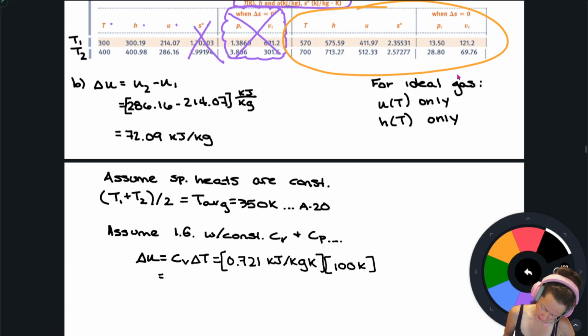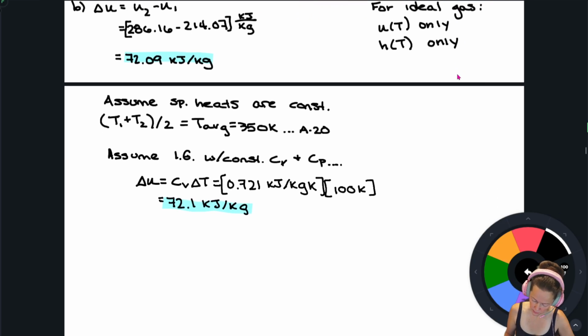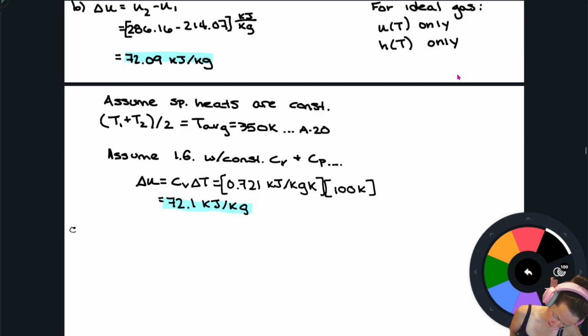So this guy ends up being 72.1 kilojoules per kilogram. You'll notice there's really not a huge difference here, and we wouldn't expect there to be because, again, you're looking at a pretty small temperature difference. But we're just going through and making sure that we understand how to solve it both ways.